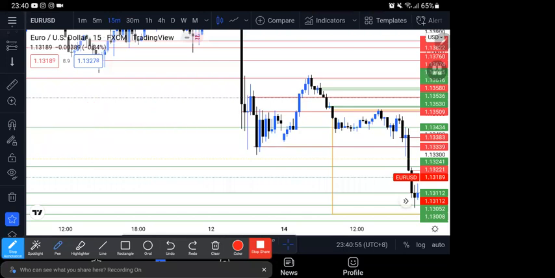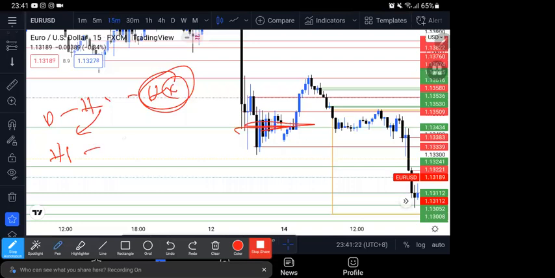So for the daily, H1, H4, we already know this thing didn't happen at this area. At this area, it didn't even reach the H4. So maybe we can have a smaller setup at H1, M15, and M30.